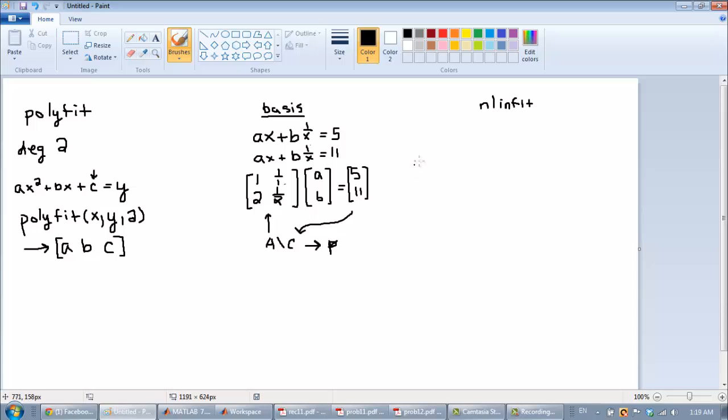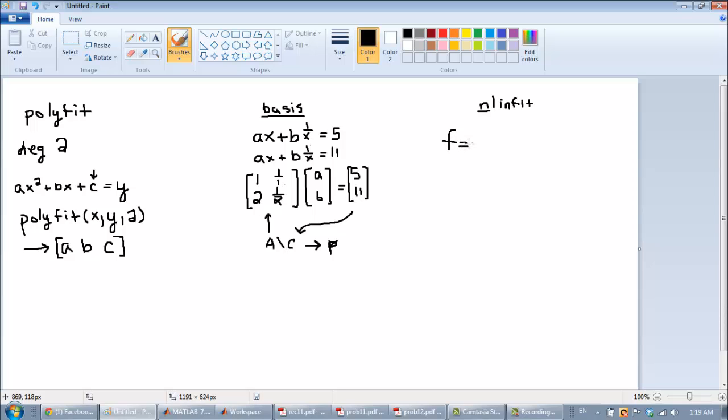Okay. So nlinfit is pretty much like the end-all be-all for regression fitting, because it's like, alright, well, this didn't work and this didn't work, what else do we have left? Well, the N stands for nonlinear fit, so you don't even need to be able to express this function explicitly.